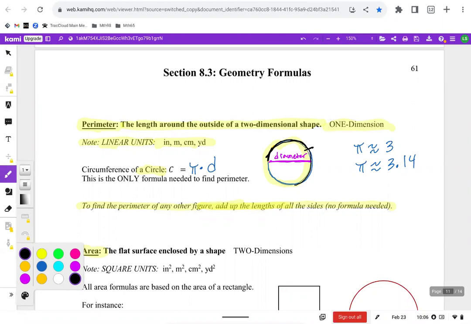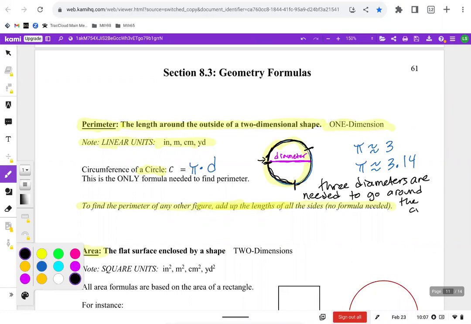The second diameter would go to about here. And the third diameter would reach almost completely around, and there'd be a little gap here. So 3 diameters are needed to go around the circle.